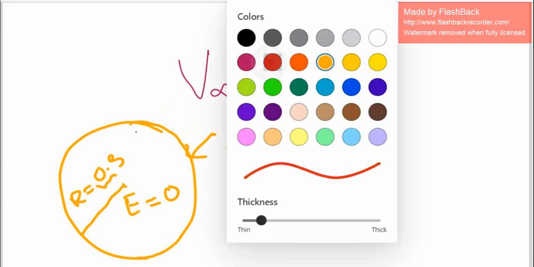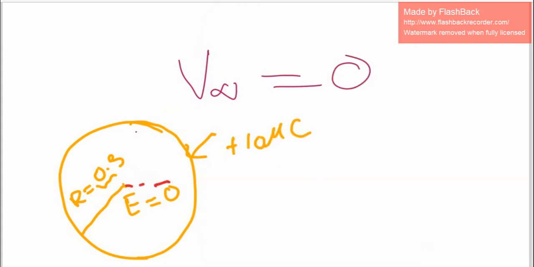If I want to know the potential at this point P, which is at distance r from the center of the sphere, we want to know the electric field at any point P over here or any point within the sphere.